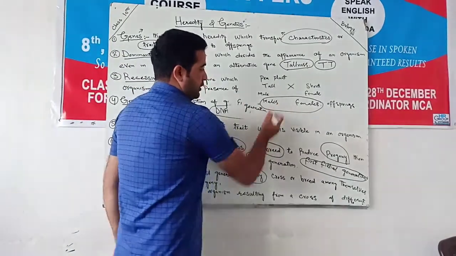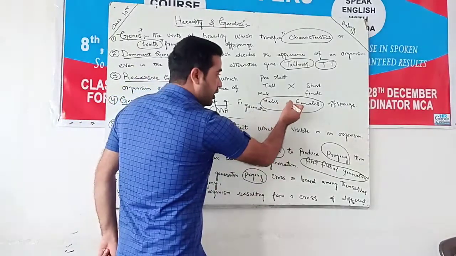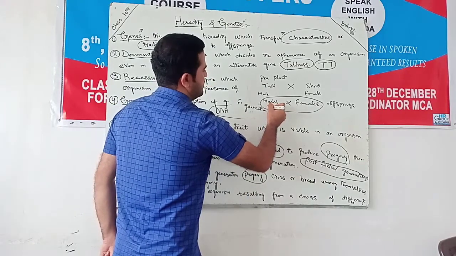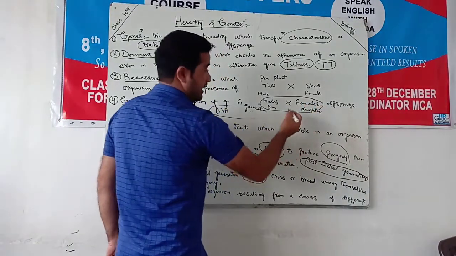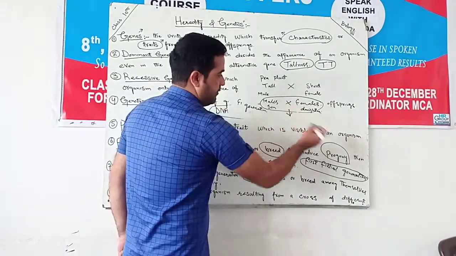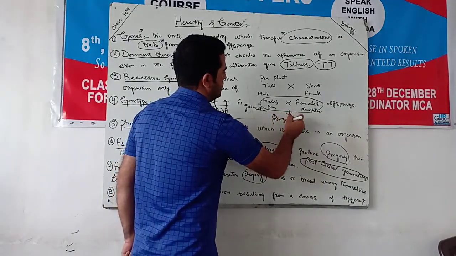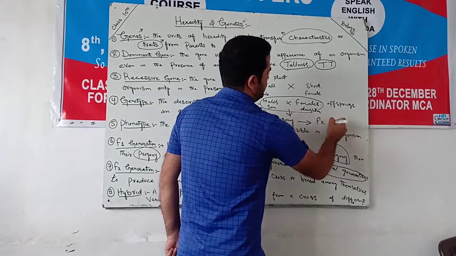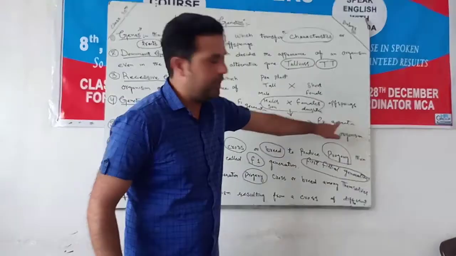Now if the progeny of the F1 generation breed among themselves, suppose this is the son, this is the daughter, or male and female, then their progeny, the progeny of the first generation, is called the F2 generation, that is, second filial generation.